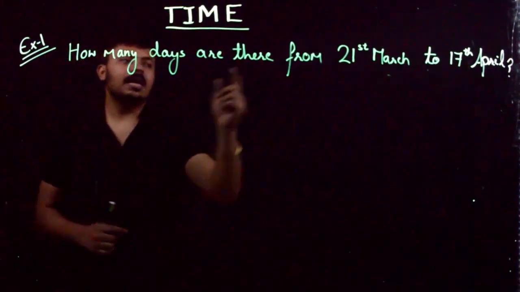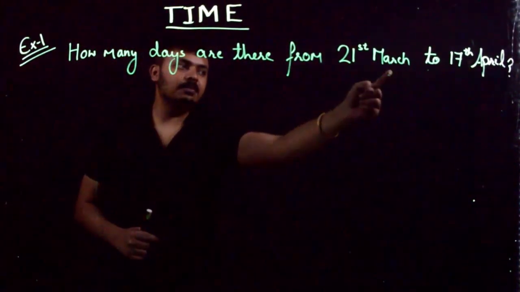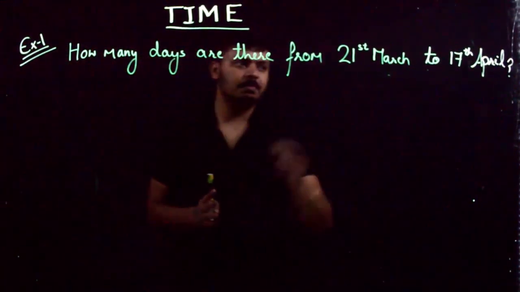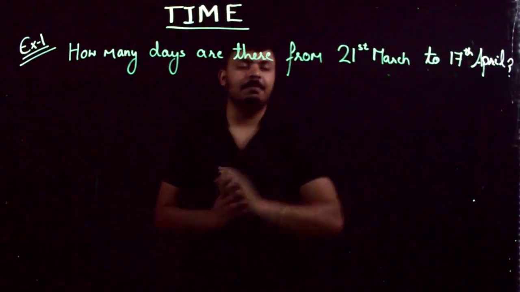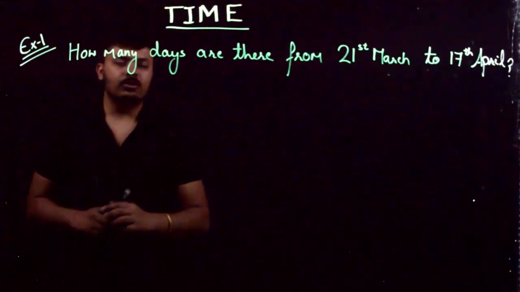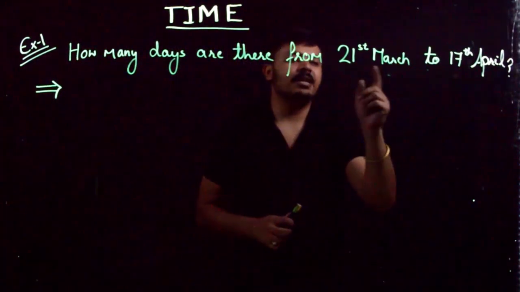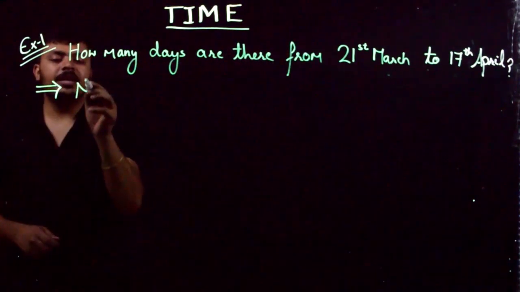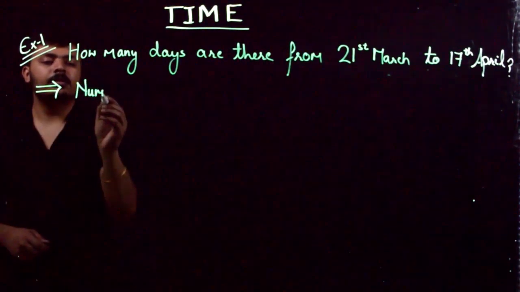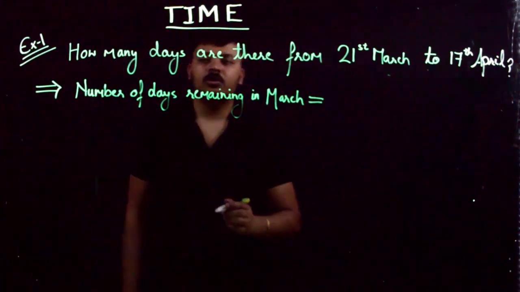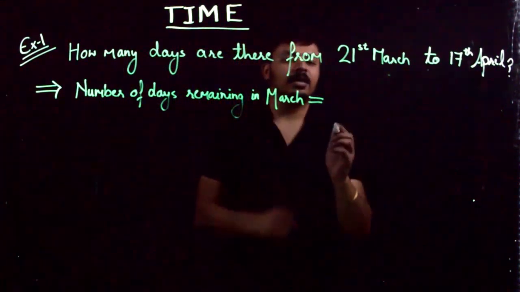How many days are there from 21st March to 17th April? So we have to count the number of days between 21st March and 17th April. First we need to count the number of days that are left in March. The total number of days in March is 31.